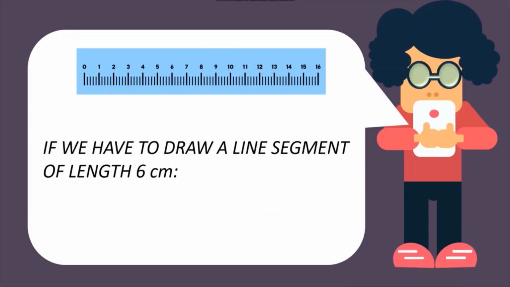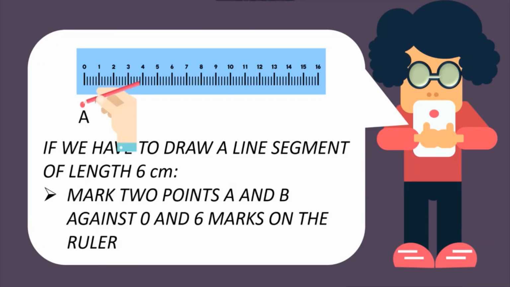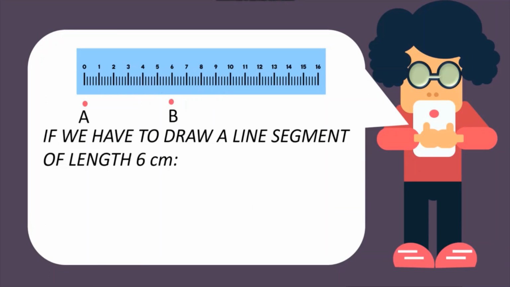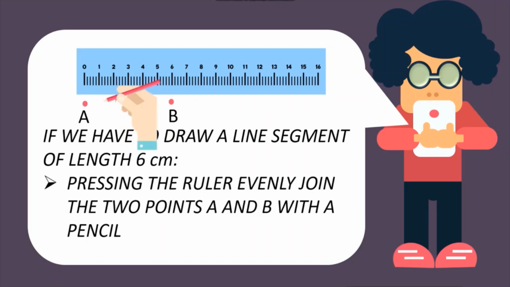Mark 2 points A and B. Now remember, point A should coincide with the 0 mark of the scale. Now point B should be marked at 6 centimeter on the scale. Now pressing the ruler evenly, join the 2 points A and B with a pencil.